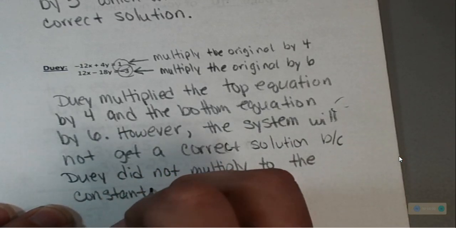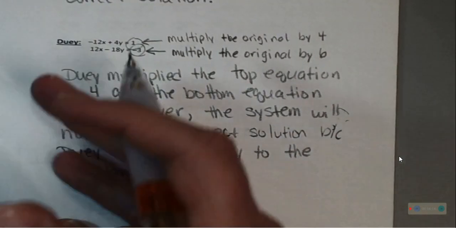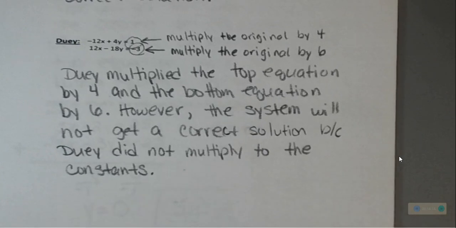So we're going to explain what he did do right and also explain that he's not going to get the right answer because there's some things that he did not do right. You need to make sure that you write down that entire explanation.